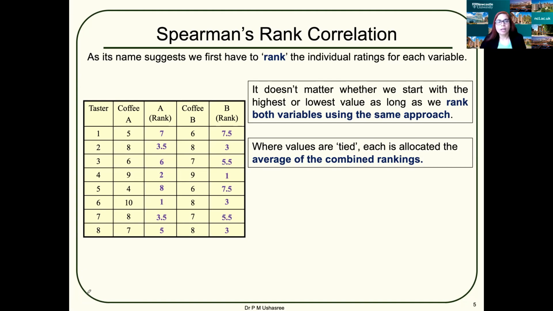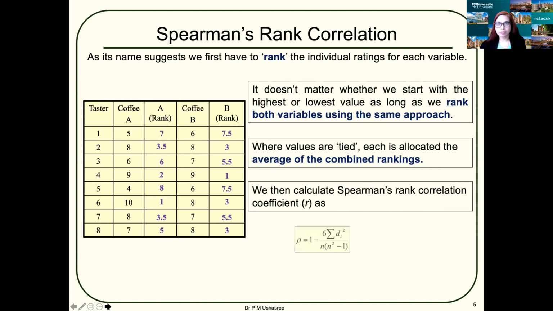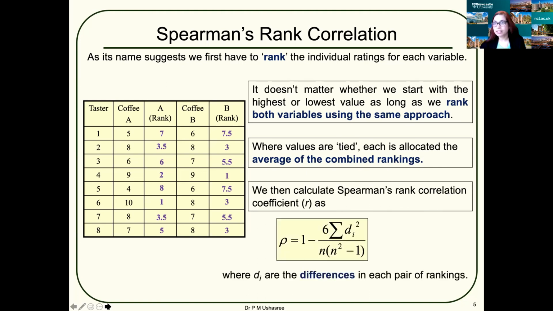Once you have ranked the two variables, you calculate the Spearman's rank correlation coefficient using this formula. Just as we have seen in part 1, the correlation coefficient, the R value, here we call this rho.